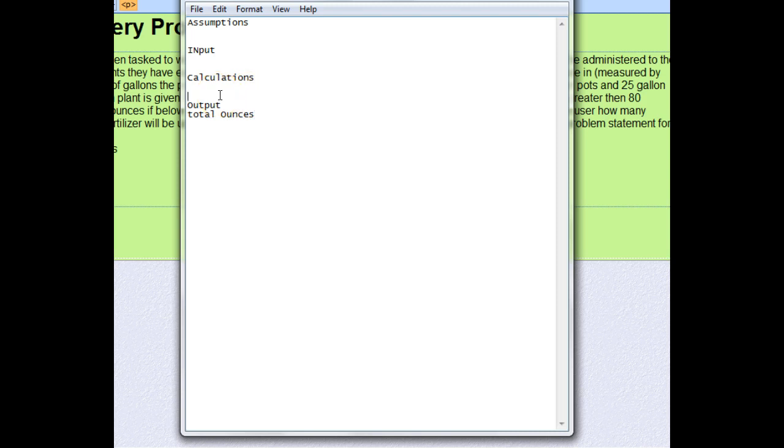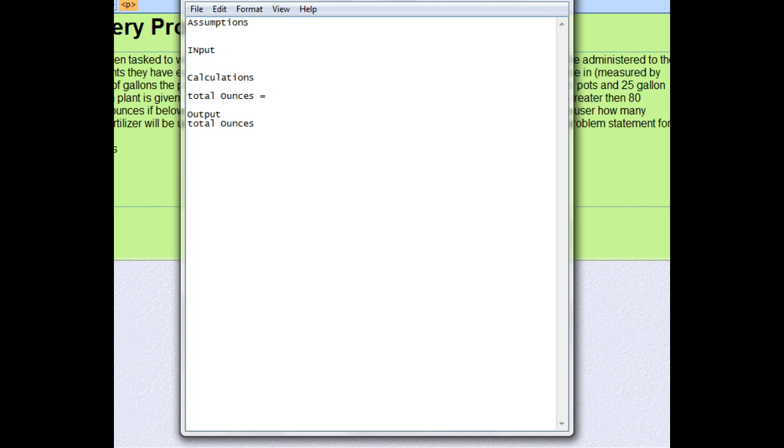But the total ounces is based upon a lot of stuff. So one thing we're going to do is we know that this has to be a calculated value. So we're just going to go ahead and copy this and paste it up here. And that's going to be equal to, so what's the simple math to figure out the total ounces?